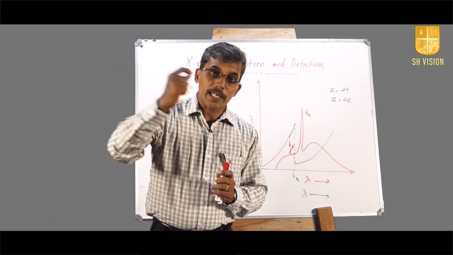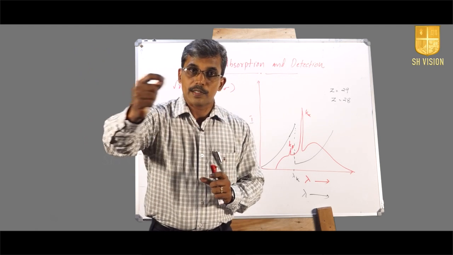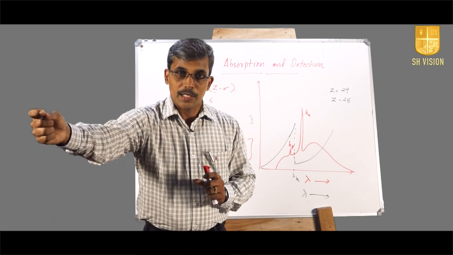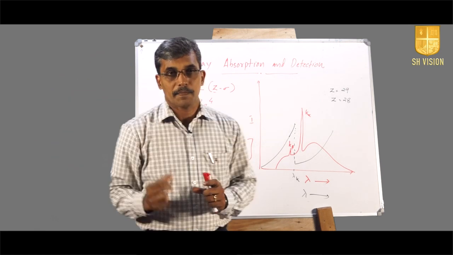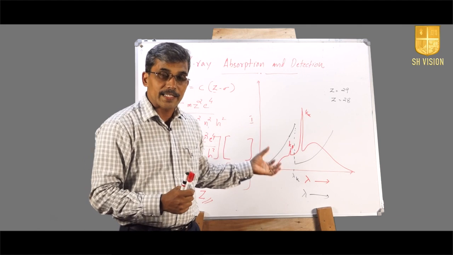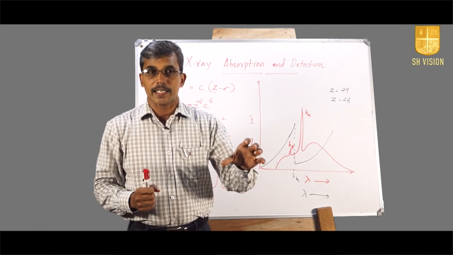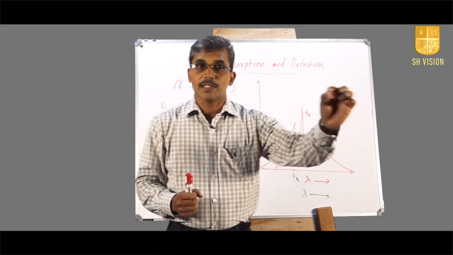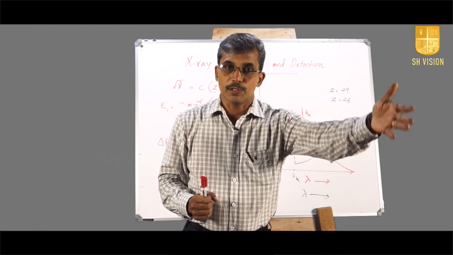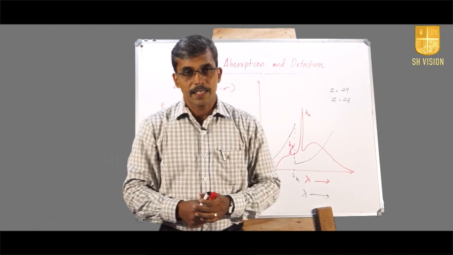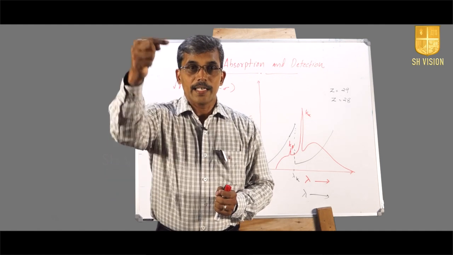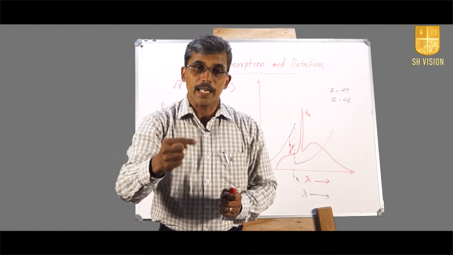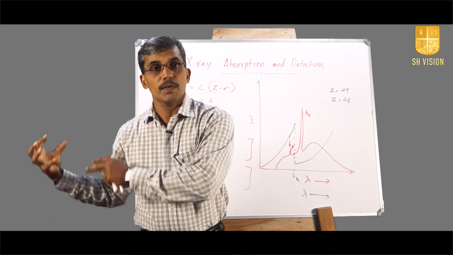When an electron interacts with the target and a K electron is knocked out, the X-ray which comes out is called characteristic X-ray. Whereas if X-ray photons interact and K electrons gain that energy and go out, then the atom will go to an excited state. Because of that, there is a vacancy in the K shell and an electron from the L shell will come down to the K shell and a photon will be released.